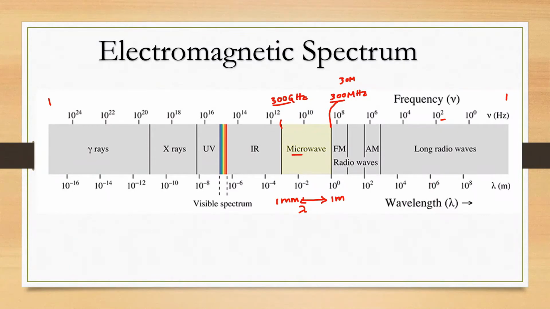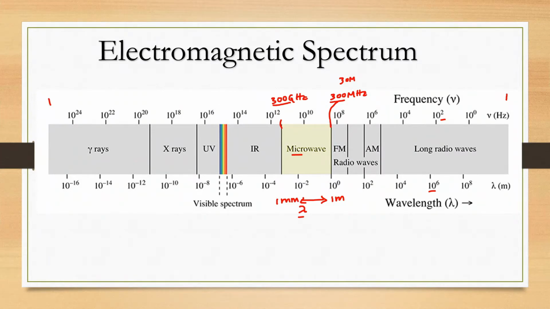So you can understand the difference between 10 to the power 6 and 10 to the power 0, that is 1 meter or 1 millimeter. It is a comparatively smaller wavelength, and that is the indication we use for microwaves.